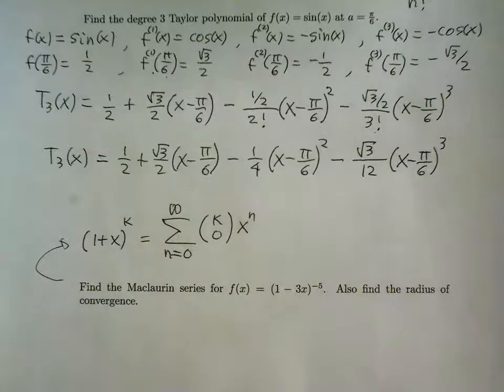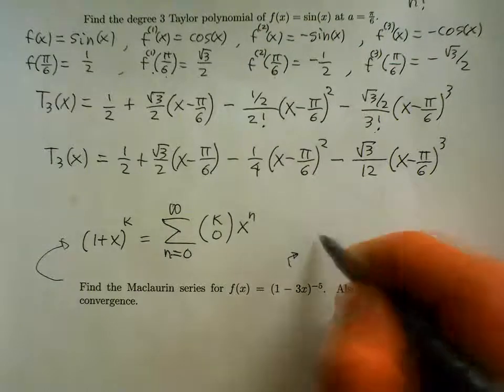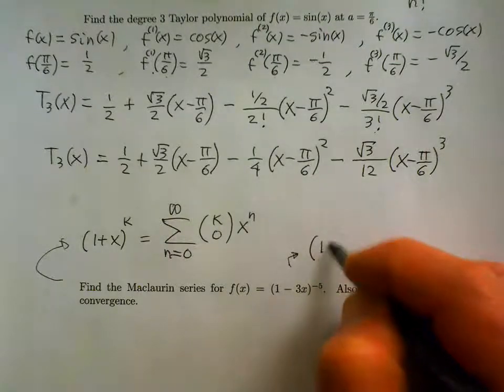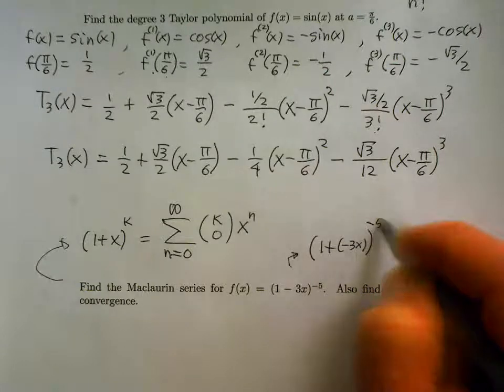So in place of x, we're going to put negative 3x. So think of that as 1 plus negative 3x to the negative 5.